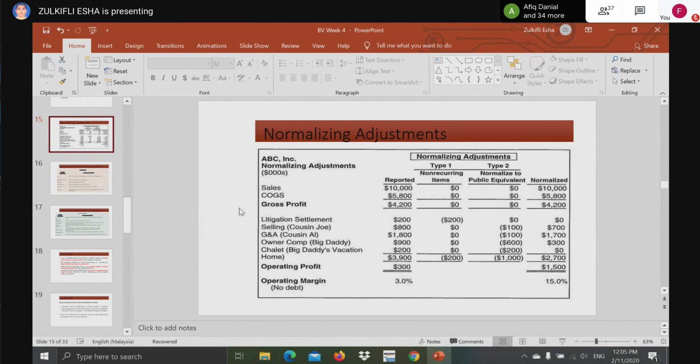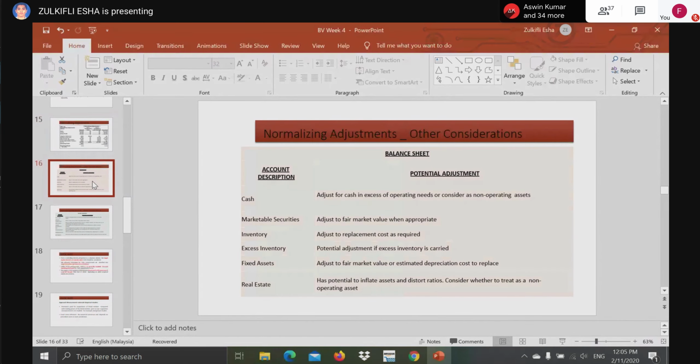This is an example of normalizing adjustment that is done on this company. So this is the normalizing adjustment for other considerations.